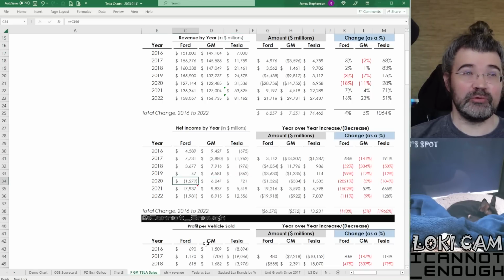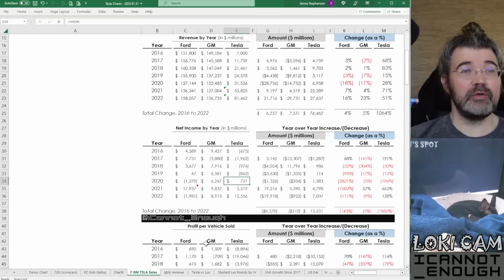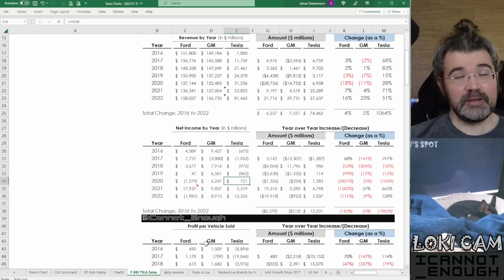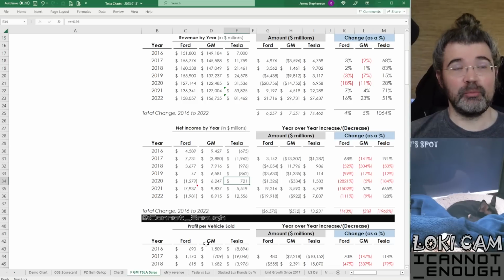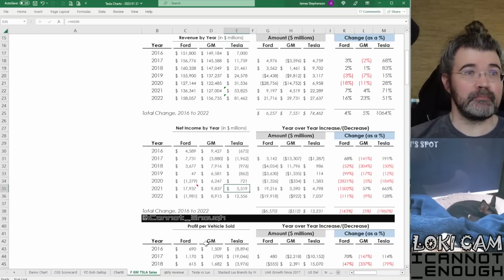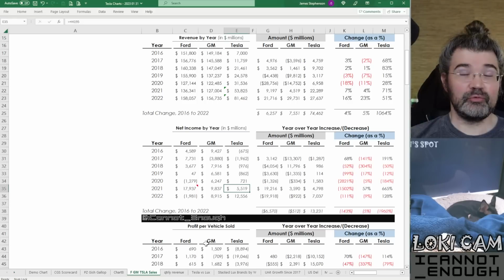In 2020, which was a tough year for automakers, Tesla reported $721 million worth of profit, or 0.7 billion worth of profit. Then in 2021, that rose sharply to $5.5 billion worth of profits. That's pretty good.